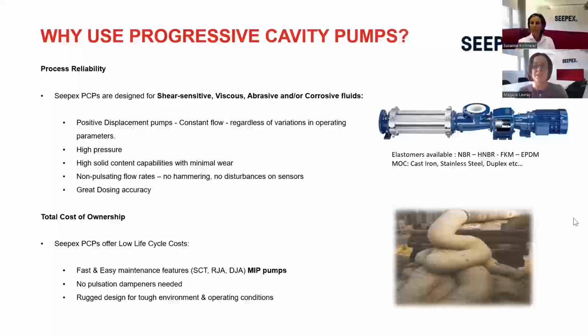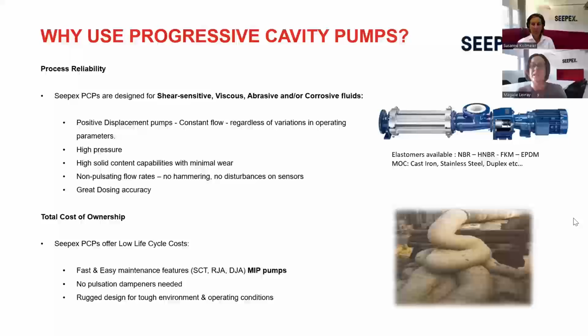Another interesting feature is the high pressure capability. We're going to see in this presentation various applications where we have abrasive fluid under high pressure conditions, with high solid content capabilities and minimal wear.